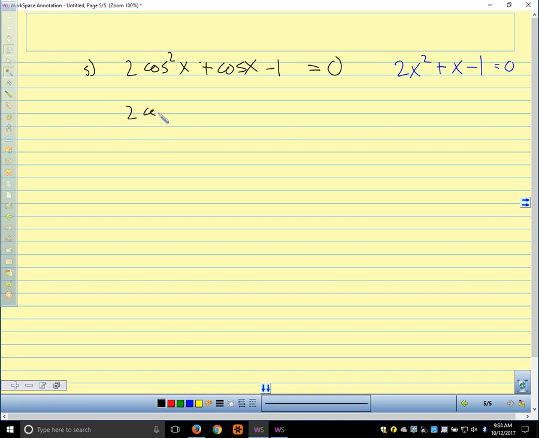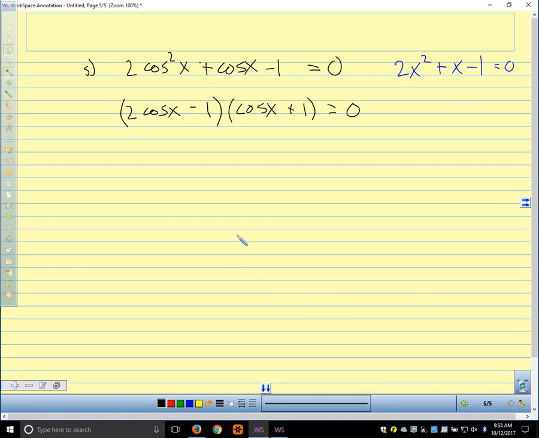So I'm going to say this is a 2 cosine x, and that has to be a 1. A cosine x, and that has to be a 1. And what do we have to have? A plus and a minus to get my 1 cosine x term there in the middle. I think I did that right.